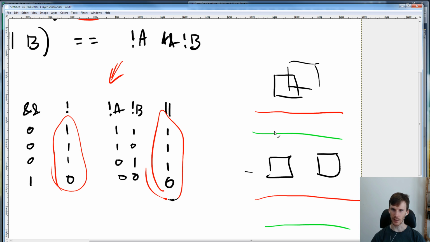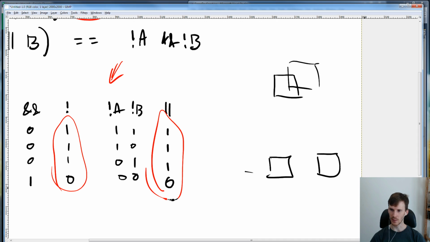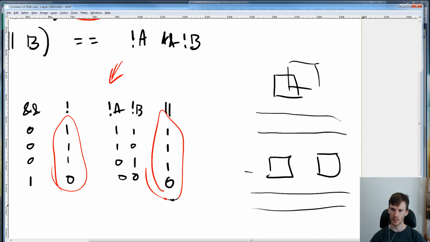So maybe I should have done the colors differently. Let's make this a bit clearer. We have two different ways that this can go depending on which one is A and B. The first one could be A, and we'll do that in red, or the second one could be A. Then we have the opposite.